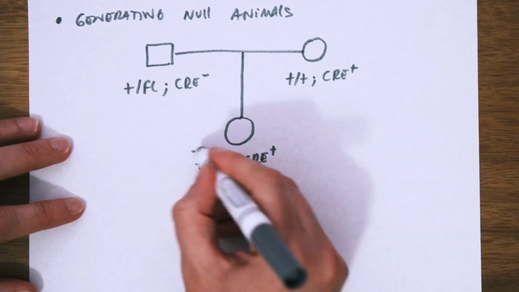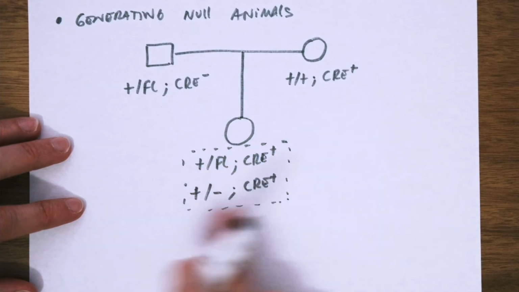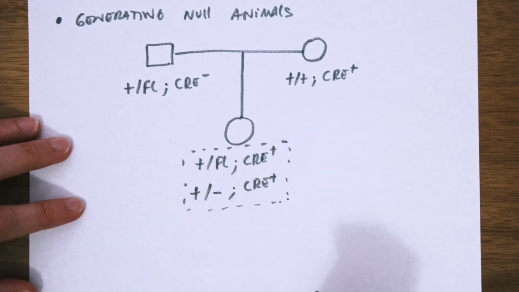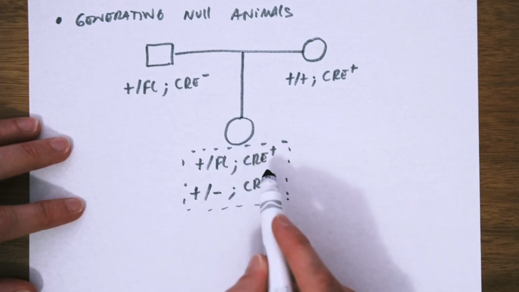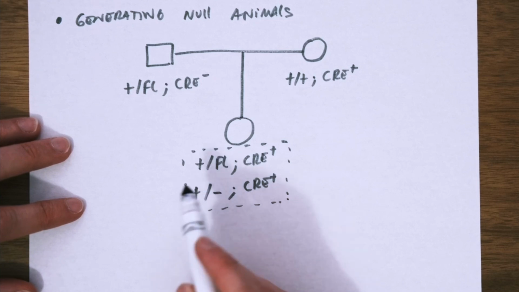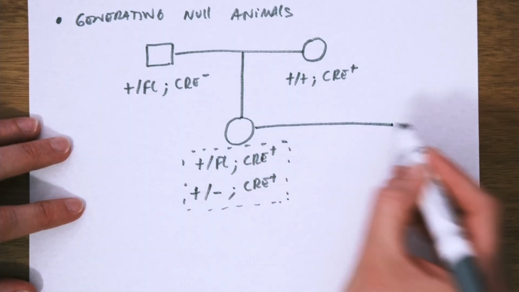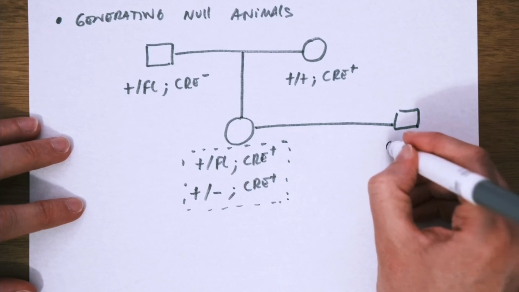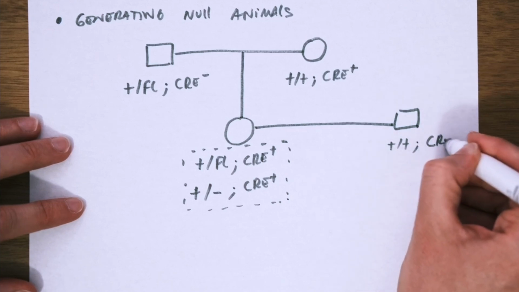So these animals are effective chimeras, and the idea is that this conversion occurs in the germline. So in the cells where this Cre is expressed, we will have the conversion. In those where it is not expressed, we won't have the conversion of the flox allele. And then we will cross these animals with ones that are completely wild type, both for the loci of interest and the Cre.